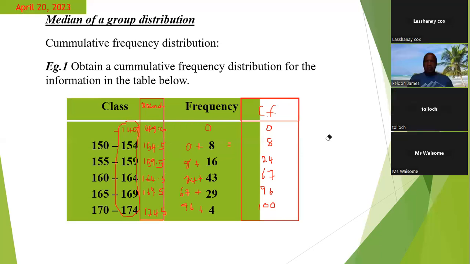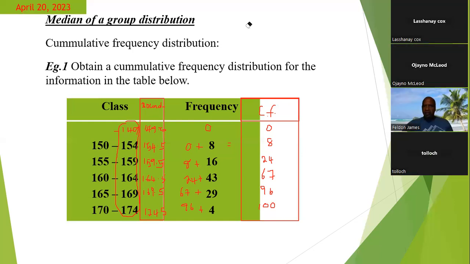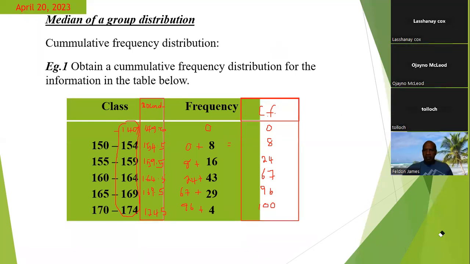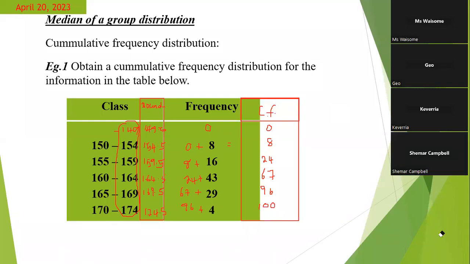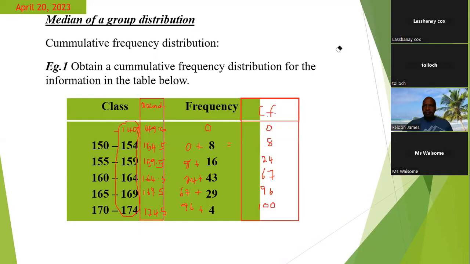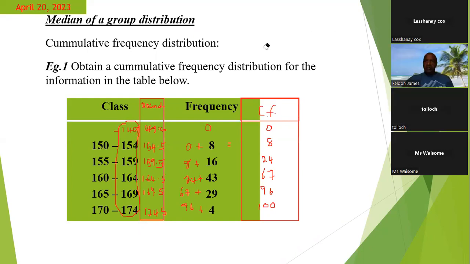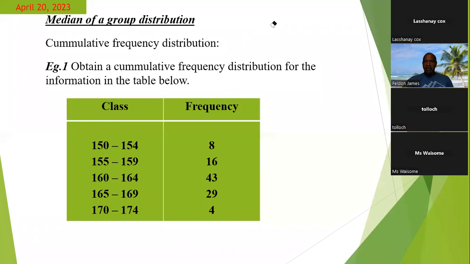I'm seeing the hands going up reluctantly. Is it that some people are not sure? All right. Ms. Waysam, are you good? All right, so I'm going to take it that everybody is okay with the boundary values and the cumulative frequency values. All right, so I think we can clear that and move on.